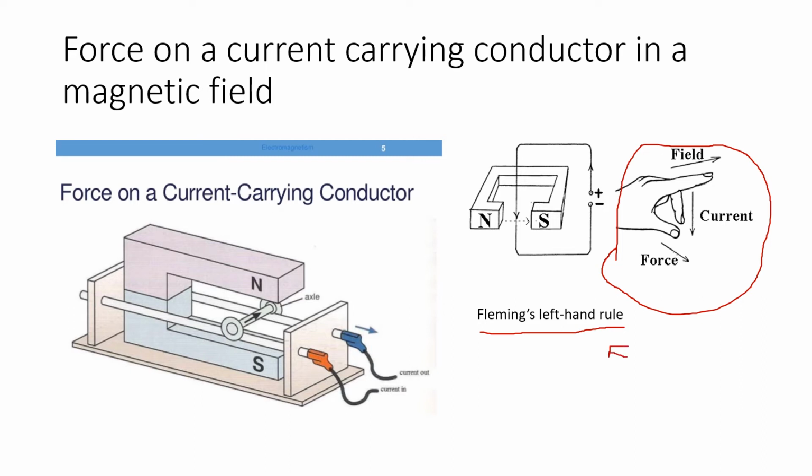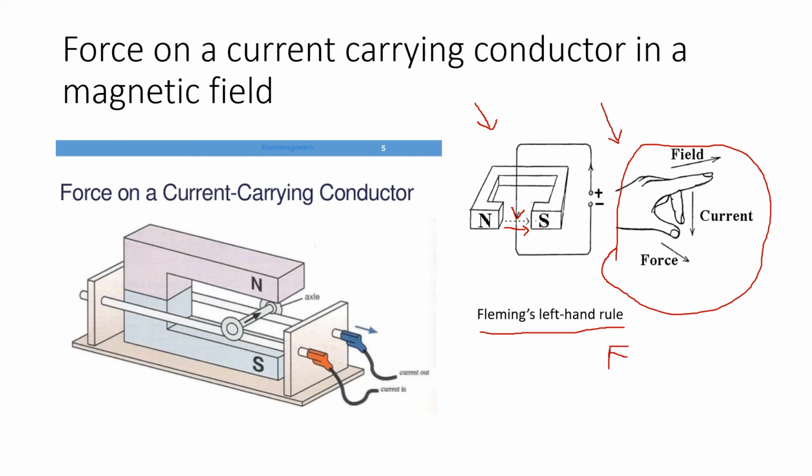Let's see the picture on the top. Here the current is flowing from top to bottom, and this is the direction of the field. So now we have to determine the direction of force applying Fleming left hand rule.